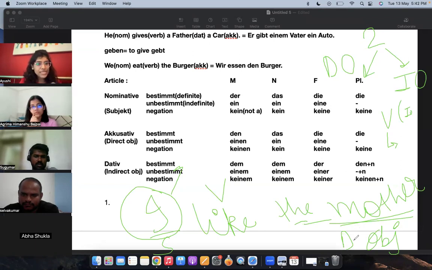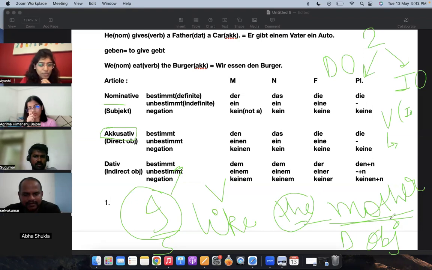So, what is a direct object? Direct object means accusative case. Now, if you have to pick up this "the", you will pick from nominative or accusative. Selva, can you tell me? Nominative. Why nominative? Nominative means subject.